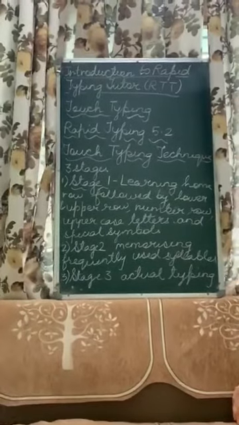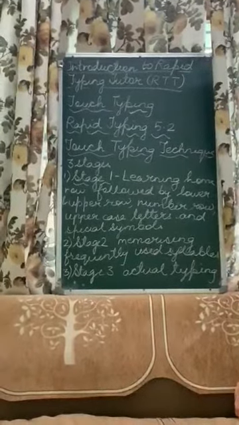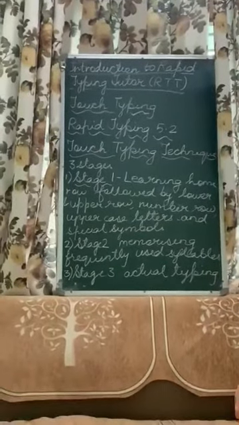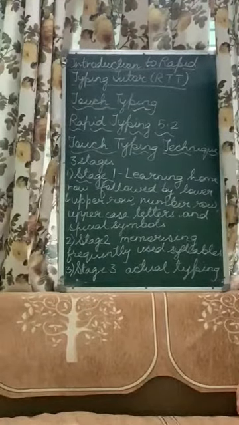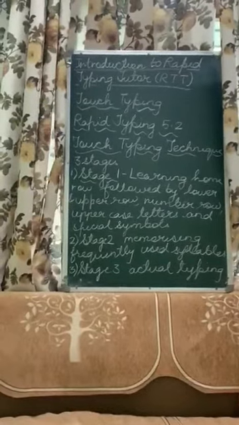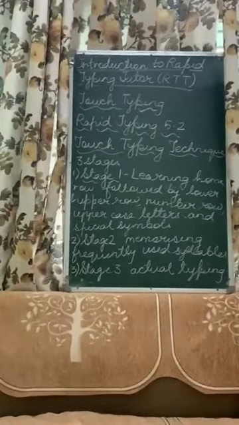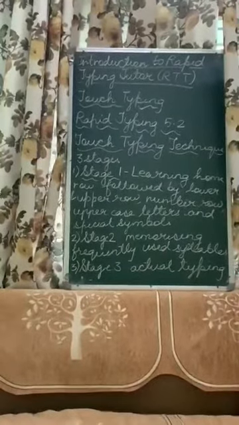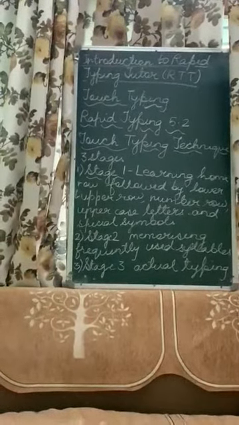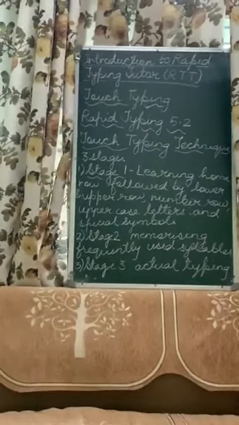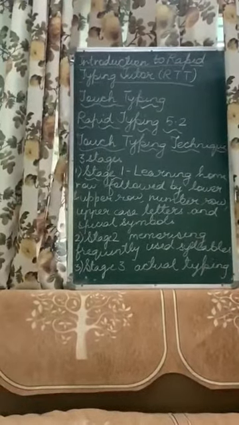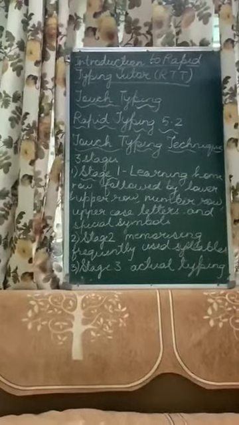Then stage 2. Stage 2 involves memorizing or learning frequently used syllables. Now what are syllables? Syllables are the words and letters that we type on the computer, and some syllables we type again and again. Typing the words containing these syllables will help you learn the keys.